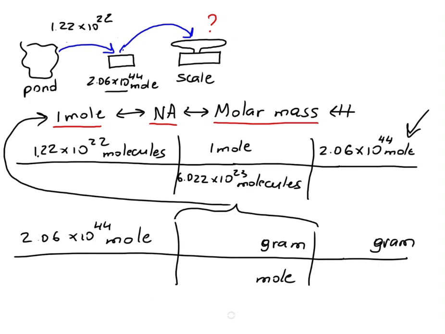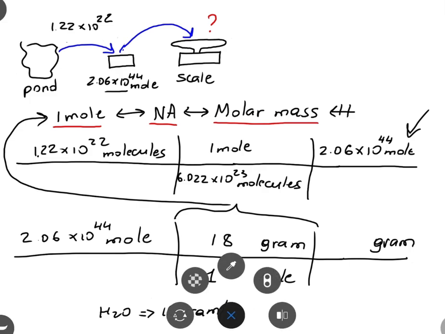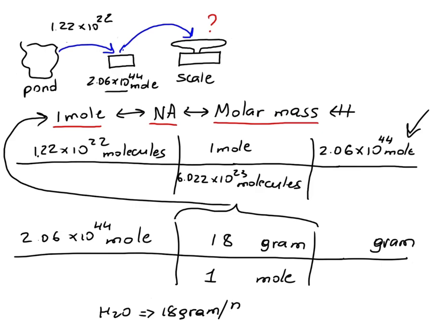According to this, 1 mole is equal to the molar mass, which is the gram of it. If it's water, it's going to be 18, because remember, H2O is equal to 18 gram per mole.